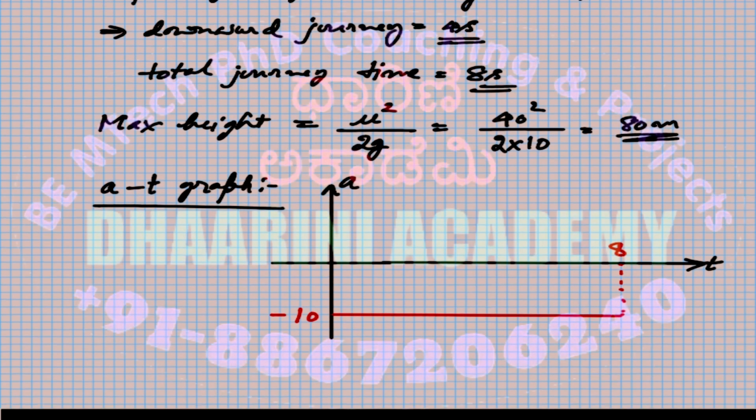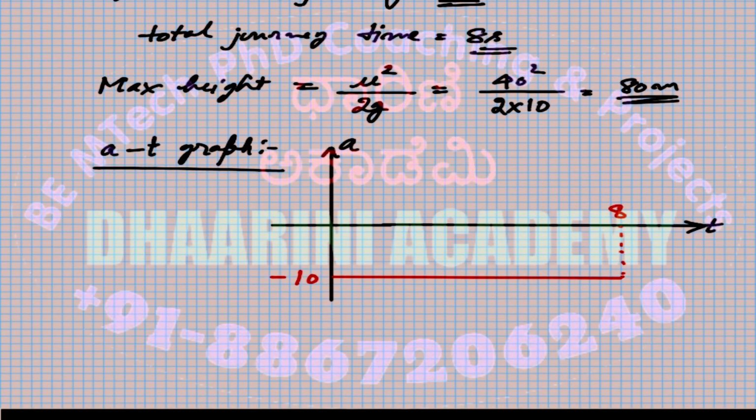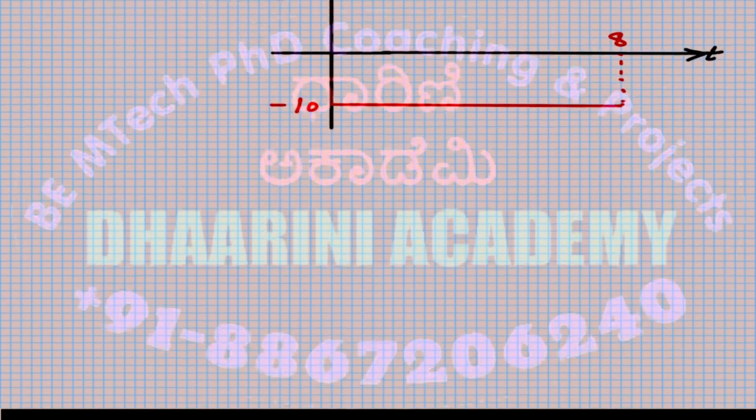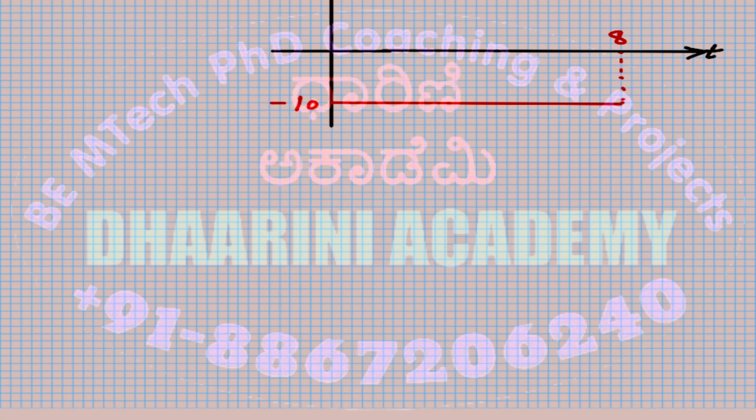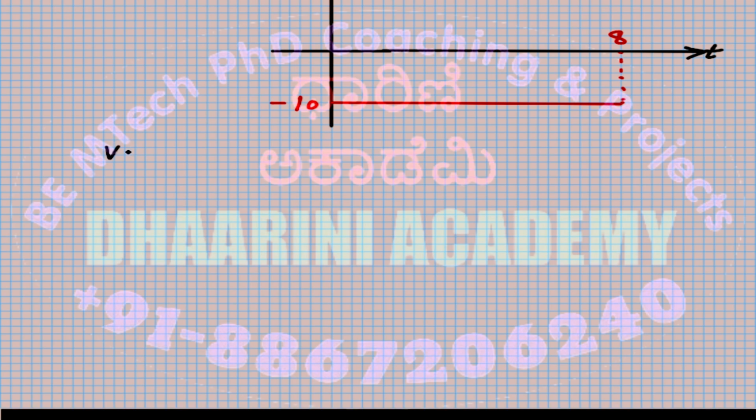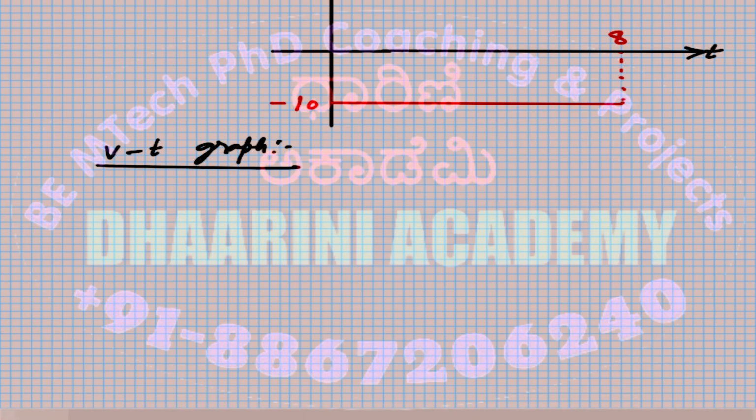And the second graph I'm going to draw is the velocity versus time, the VT graph. I know that the object is moving upwards. You are throwing it with an initial velocity of 40 meters per second. So it travels upwards for 4 seconds and reaches a velocity equal to 0.